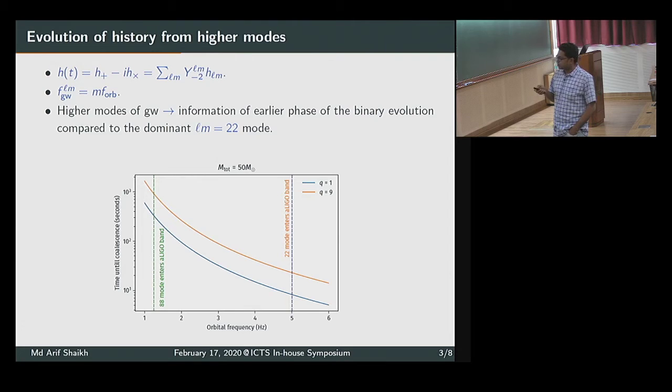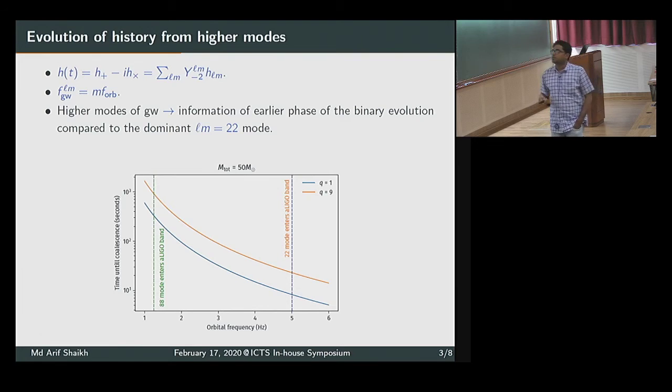Now one of the questions is whether we can actually detect these higher modes. Right now in gravitational wave detection, we model the 2-2 mode only, because the 2-2 mode is the dominant mode, and other higher modes are a few orders of magnitude smaller.